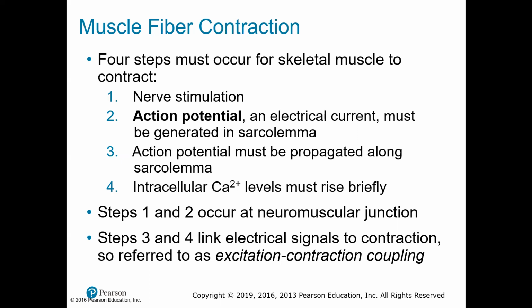There's always a gap in between here. And so the neuromuscular junction is where the motor nerve indirectly connects to the muscle cell. So the stimulation by the nerve and the action potential that gets created in the cell take place at the neuromuscular junction.